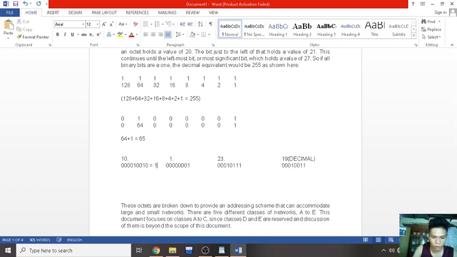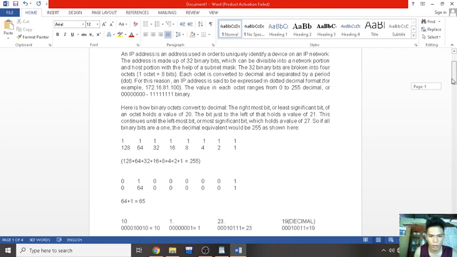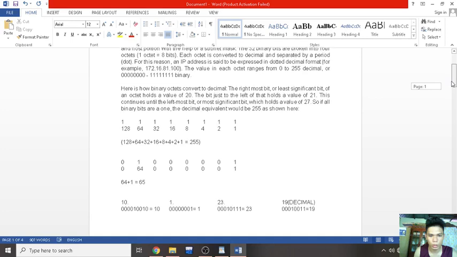So 10 is equal to 00001010, 1 is equal to 00000001, then this one is equivalent to 23, and this one is equal to 19. This is how we convert IP address octets to decimal.